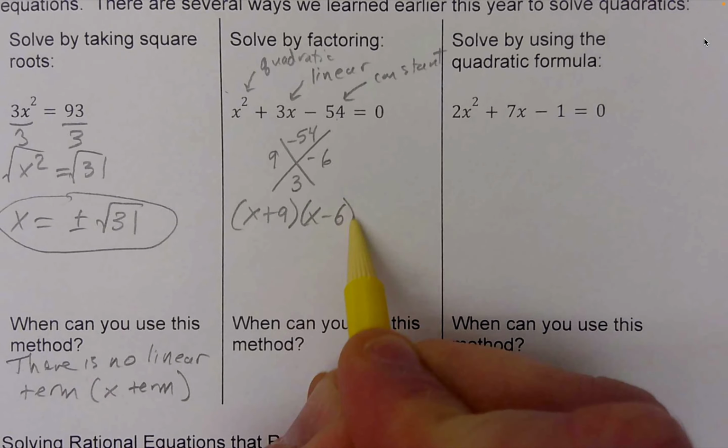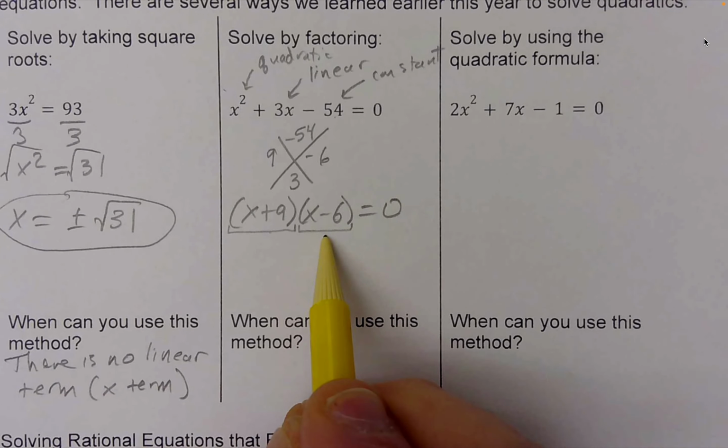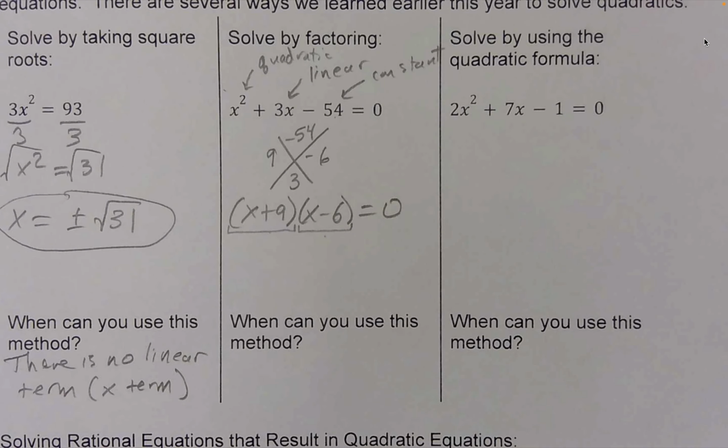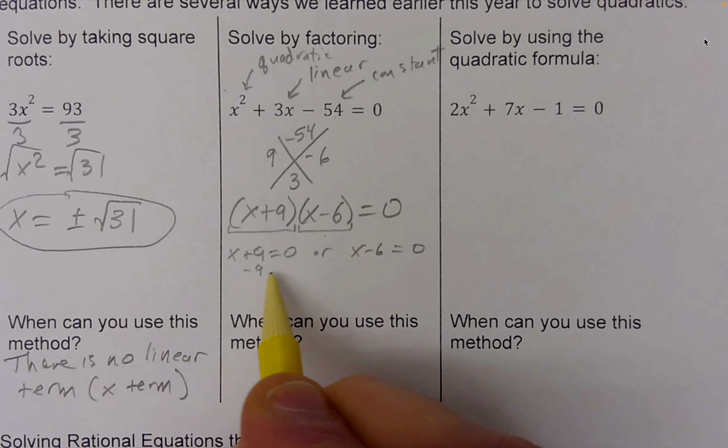And then you have to think about, what values of x would make this true? We have two things being multiplied, and if they equal 0, one of those two things has to be 0. Either x plus 9 equals 0, or x minus 6 equals 0. And then you can solve these two little mini equations.